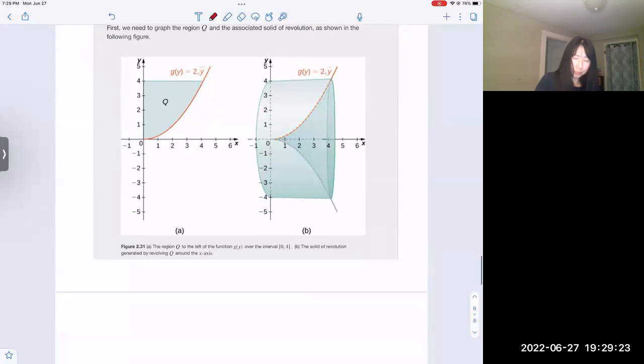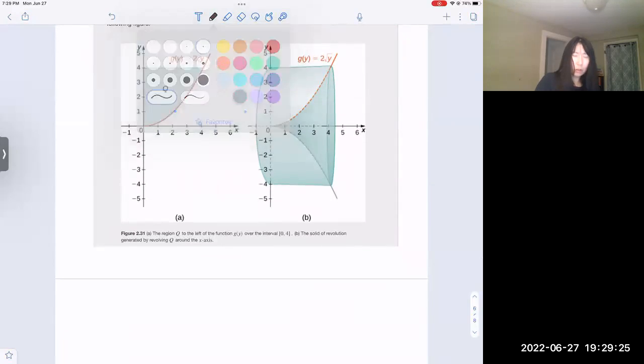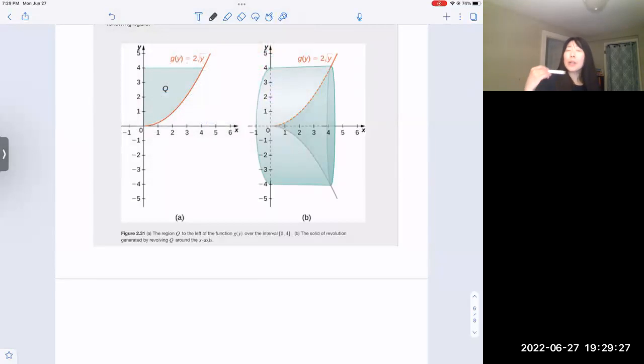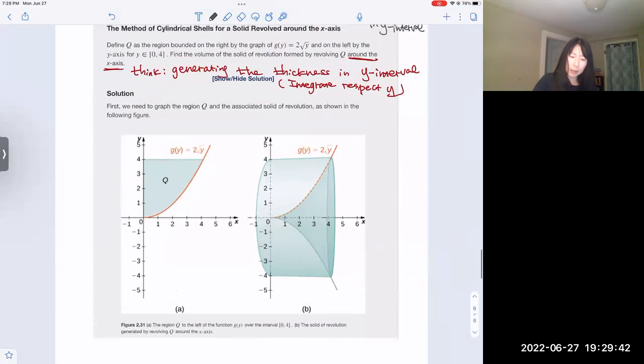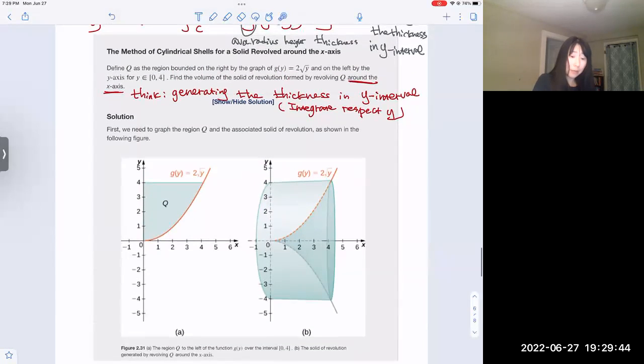Now look, everything we write down in terms of y. So in this case, for the volume, we have y from 0 to 4, and also they gave us from 0 to 4. So the interval is from 0 to 4.